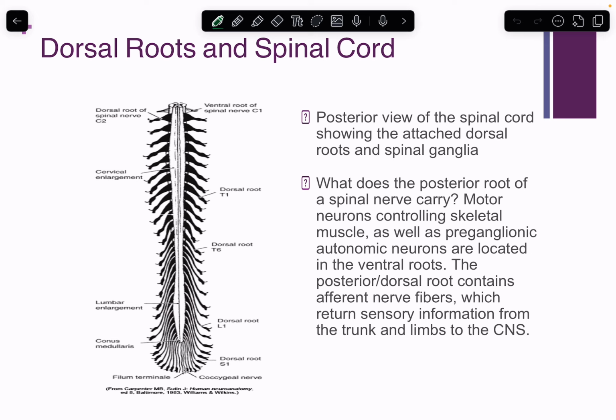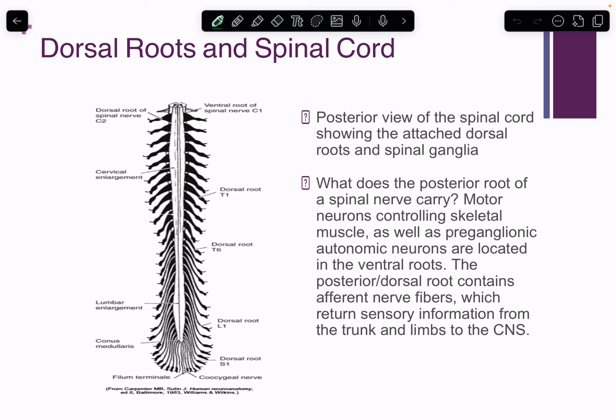The dorsal root contains sensory neurons whose cell bodies reside in the dorsal root ganglion. This ganglion is a swelling along the root. These sensory neurons are again pseudounipolar, with one branch extending to the periphery to receive sensory input and the other branch entering the spinal cord to relay that information centrally, going to the spinal cord and then to the brain.